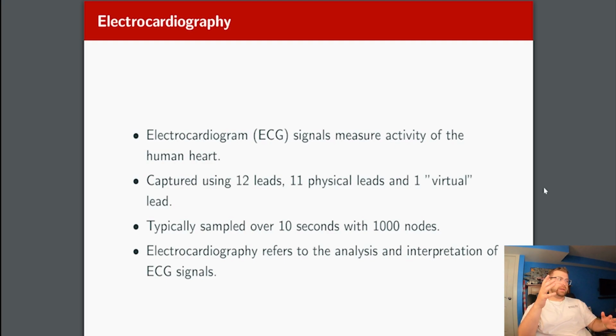This virtual lead is an algebraic combination of, I think, 2 or 3 of the other leads. So once they record 2 or 3 of the signals of the other leads, they do some math and combine them in a way that gives us another virtual signal. And typically these samples span 10 seconds and 1,000 equispaced nodes.